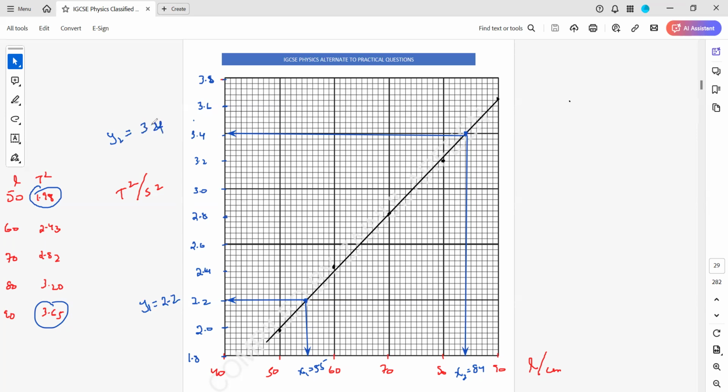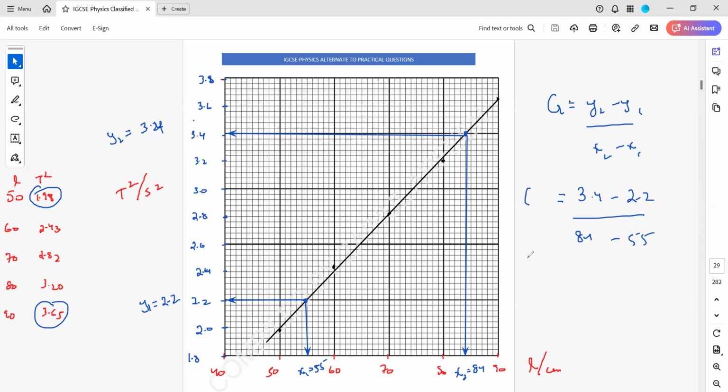Now, what's the formula for the gradient? When we find the gradient, it is y2 minus y1 over x2 minus x1. So y2, which is 3.4, minus y1, which is 2.2, over x2, which is 84, minus x1, which is 55.